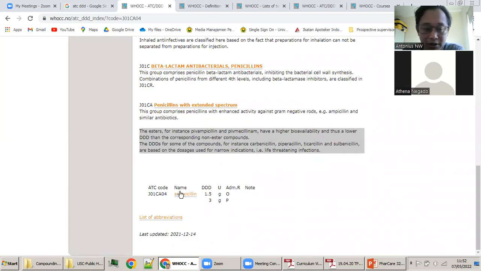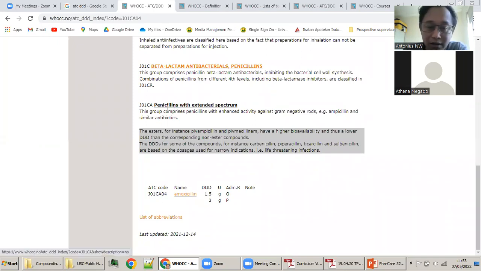And amoxicillin is number 4. So it has this ATC code. Then they have the defined daily dose: 1.5 grams for oral and 3 grams for P. P is for parenteral, 3 grams. So amoxicillin is here.